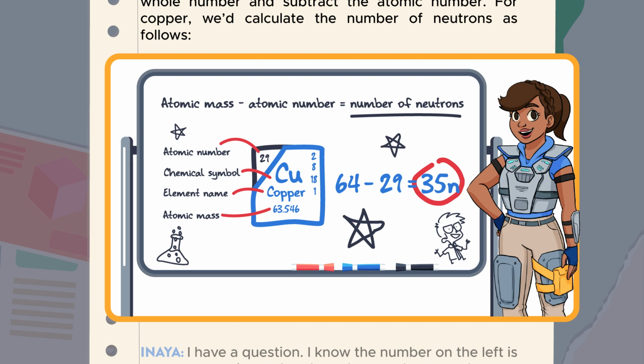On the right-hand side of the tile are the numbers 2, 8, 18, and 1, representing the number of electrons in each energy level for copper. Nikole has used the periodic table tile to determine the number of neutrons in copper. The atomic mass has been rounded to 64, minus the atomic number of 29, equals a total of 35 neutrons.